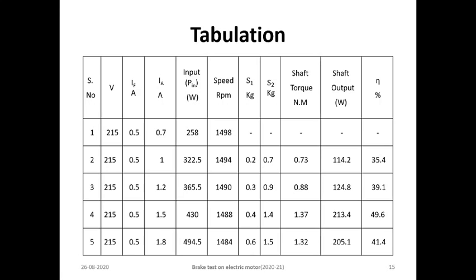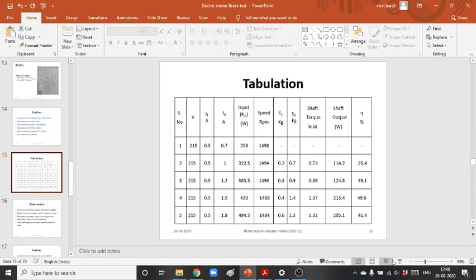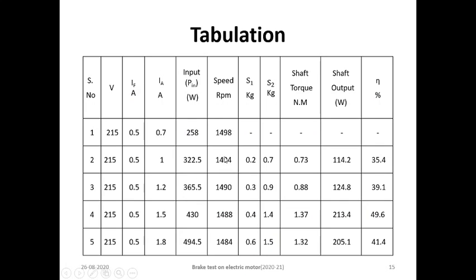If you could see, as we increase the load, just a minute. Okay, if you see the load part, I mean this S2 and S1 part, as we increase the load, the current taken by the motor increases. See, it's increasing from 0.7, 1, 1.2, 1.5, 1.8.